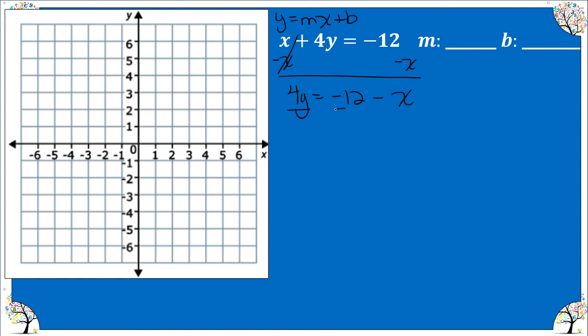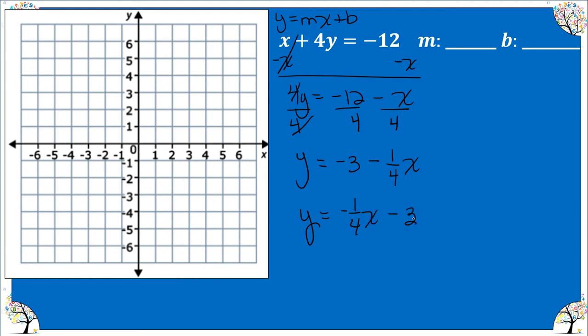I'm going to divide every term by 4. -12 divided by 4 is -3. Minus, and there's an understood 1 here, so I'm going to write it like this, 1/4, and bring the x out to the side. I'm going to rearrange, so my -1/4 x is in front and the -3 is in the back.